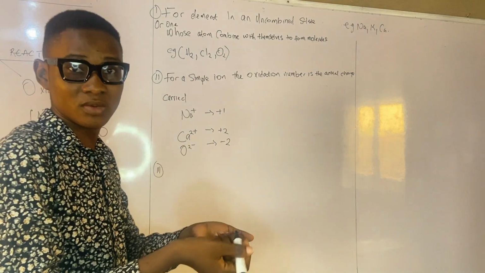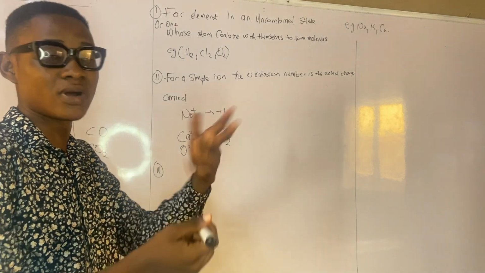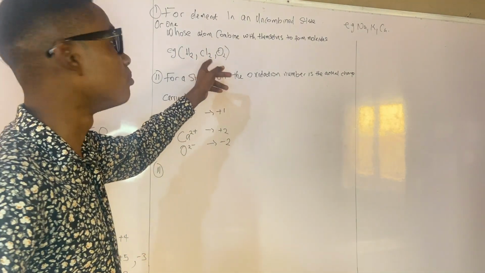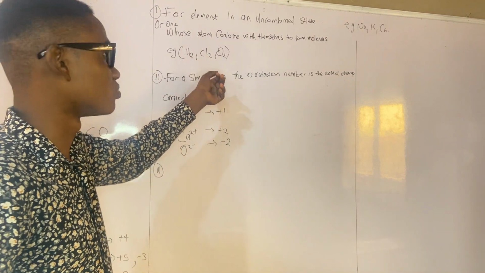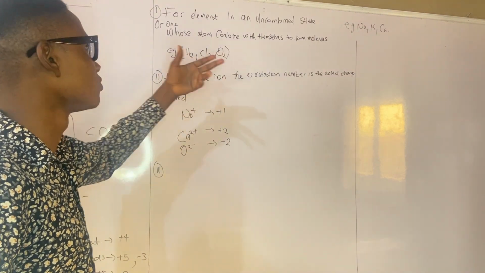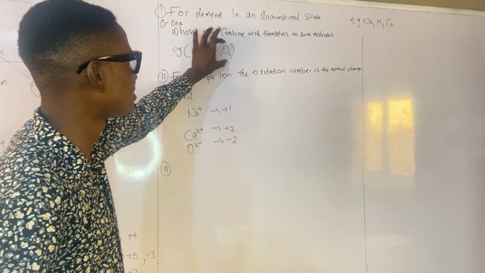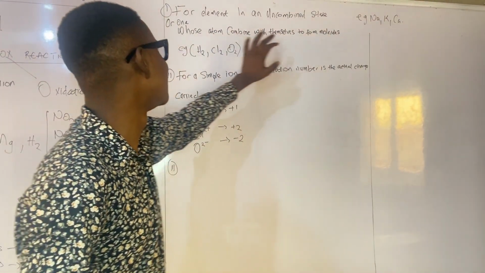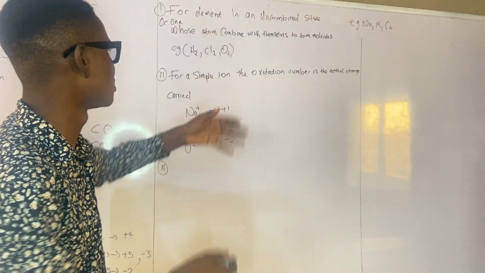All those diatomic molecules, that is, a molecule that has more than one atom. For example, the hydrogen molecule has 2 hydrogen atoms, while fluorine has 2 fluorine atoms. So when you see elements like this, their oxidation number is what?